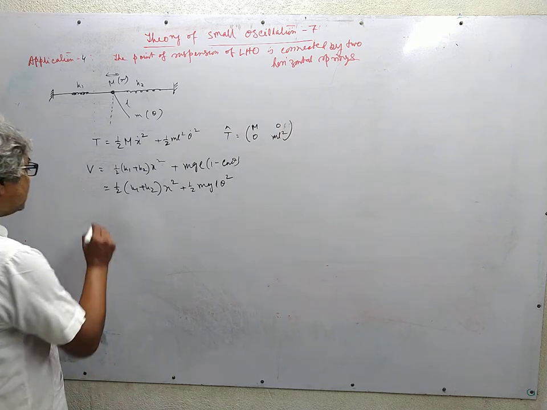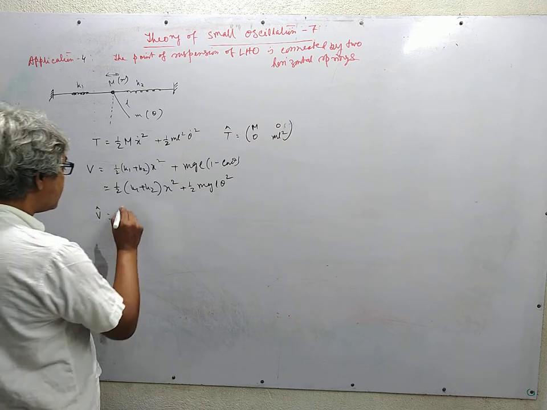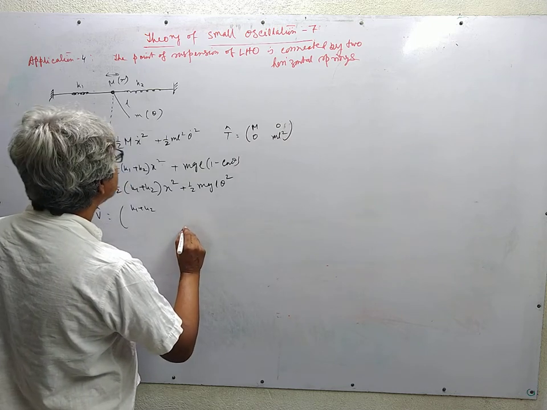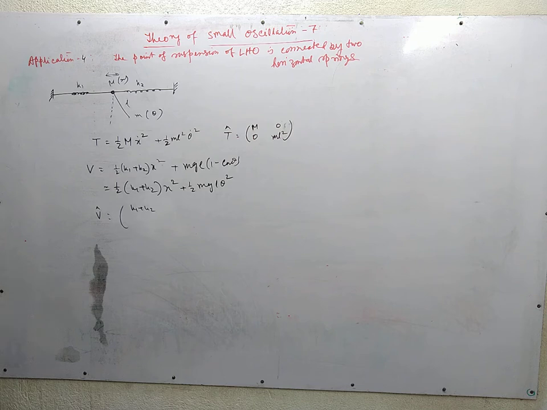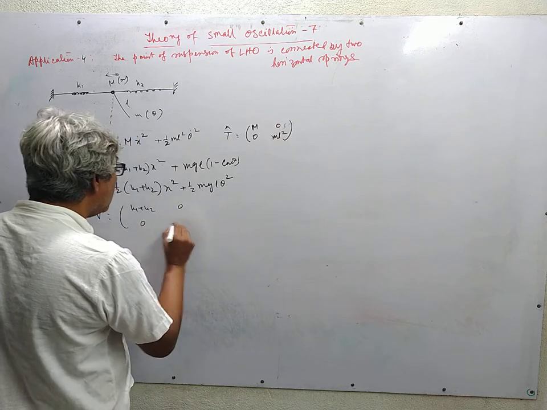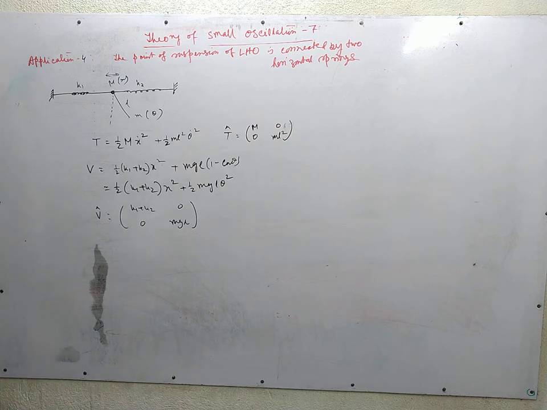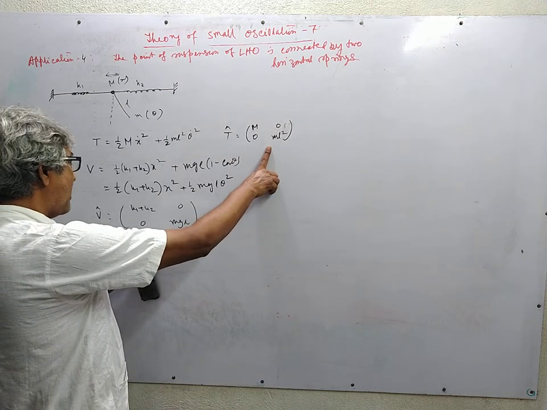So the potential matrix is K1 plus K2, 0, 0, m g l. One thing to notice is that although we have developed the theory for coupled oscillators, these two oscillators are not at all coupled.